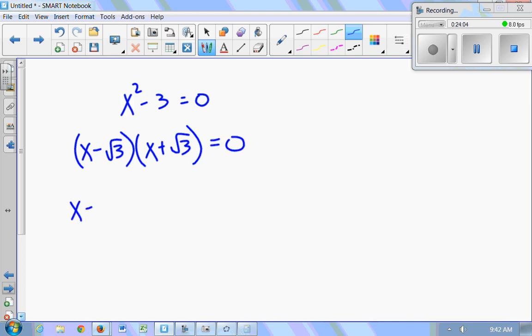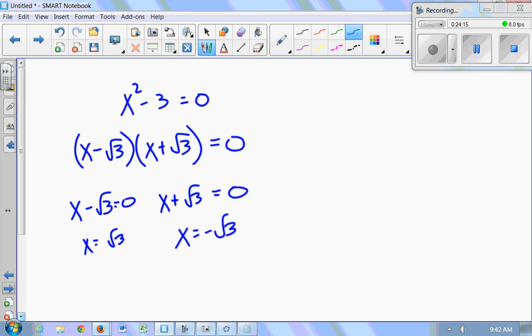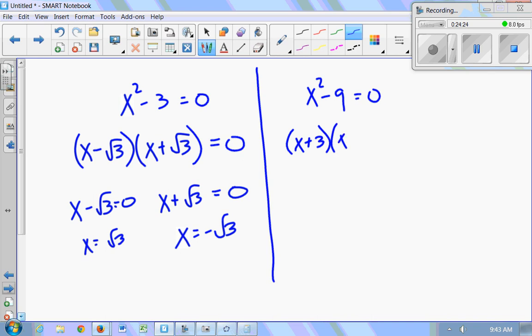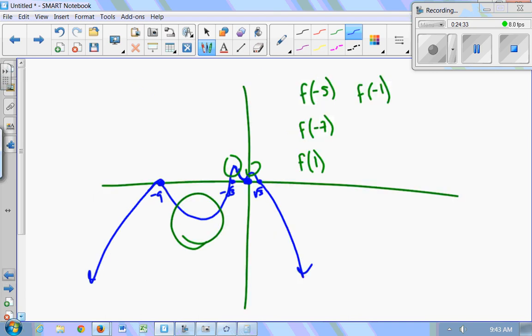And now each of these is its own equation with no squares in it. Each one has multiplicity 1. This is similar to like if this said x squared minus 9, right? Each of those would have multiplicity 1. All right, so does that help with this?